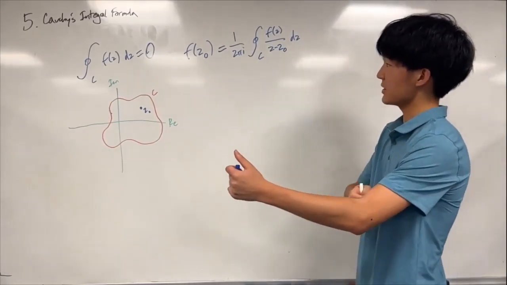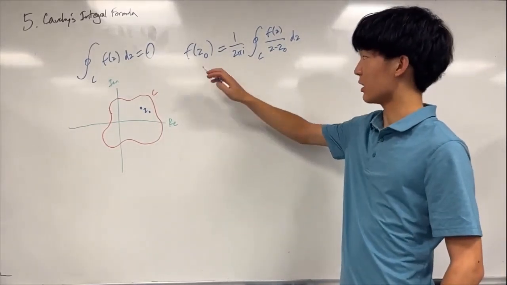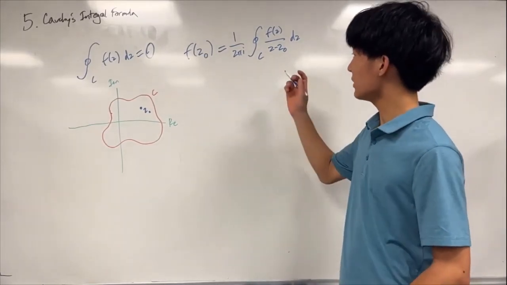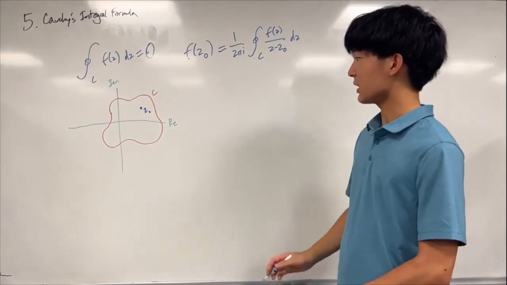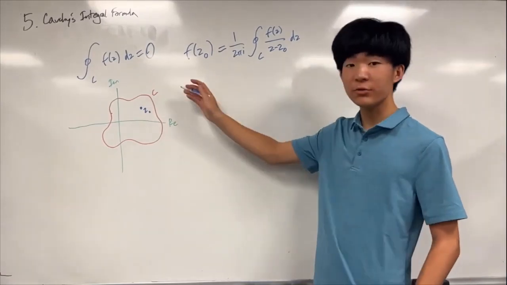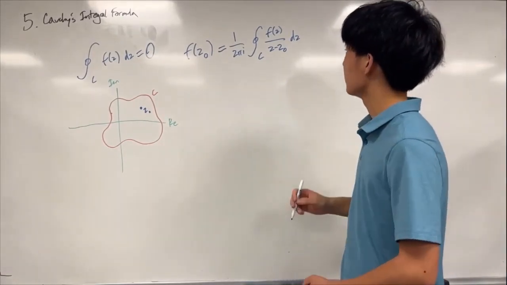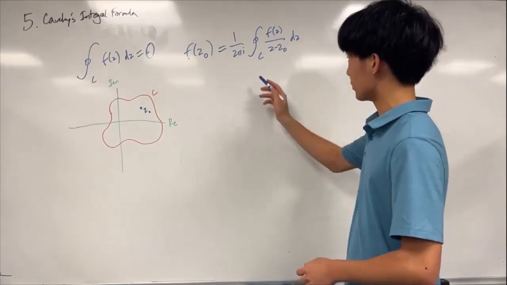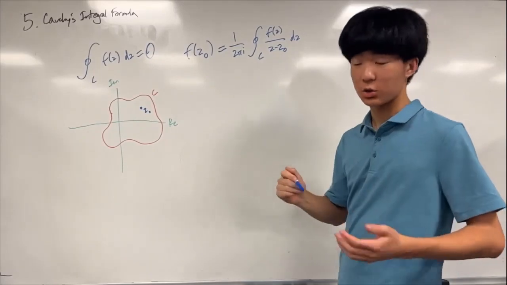Essentially, this means you can find the value of our complex function f at any point within a contour C as long as f of z is holomorphic over that contour and you know the values along that contour. You know what this integral evaluates to.